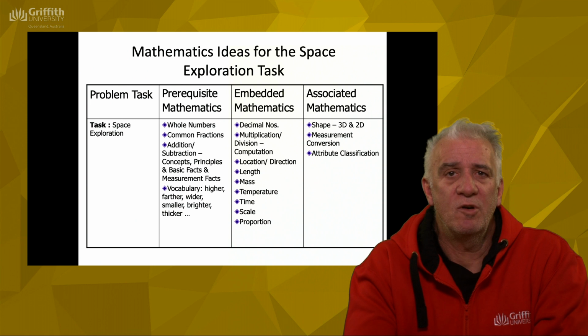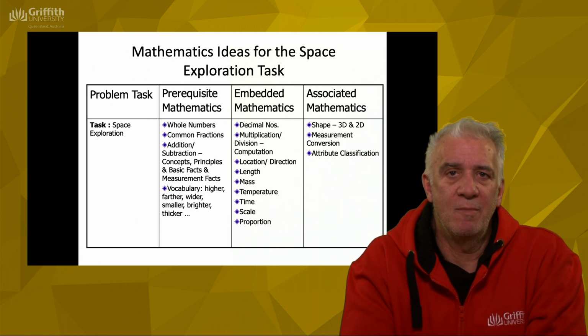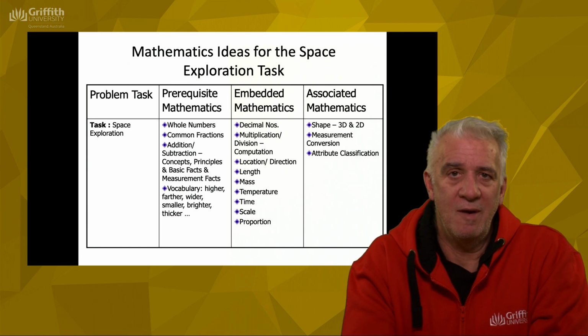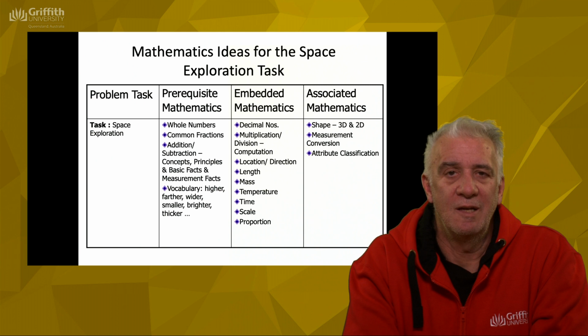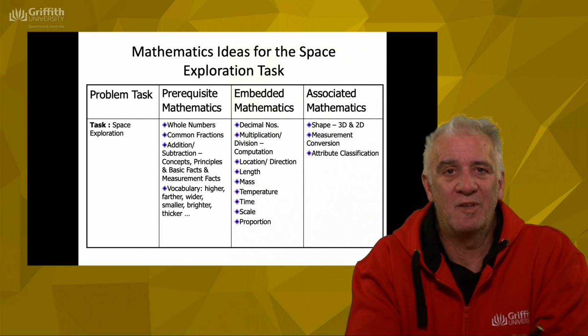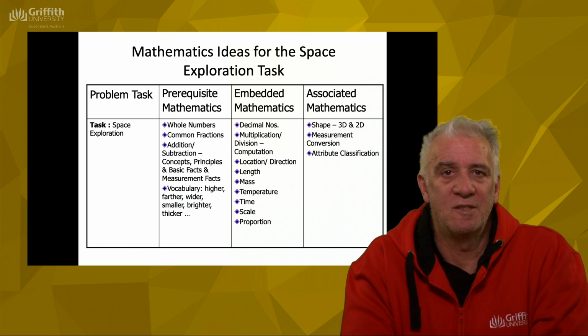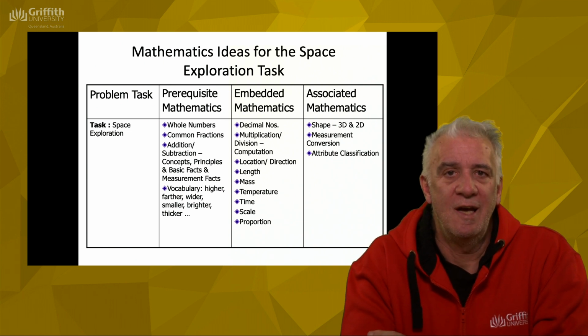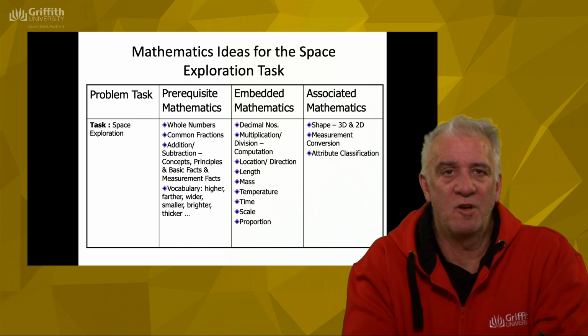So here's a way of looking at it. The task is space exploration. What's the prerequisite mathematics? Well, they'd have to understand whole number. And if you've looked at the video before you've come to this, you'd understand that they also need to understand common fractions, addition and subtraction, and have some vocabulary like higher, wider, smaller, some descriptive terms.